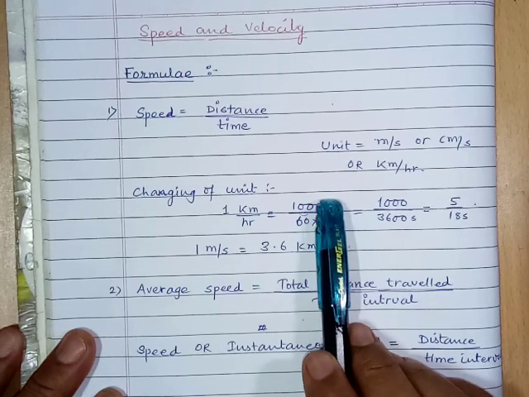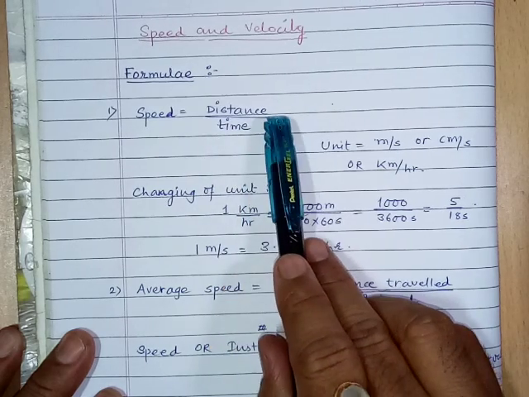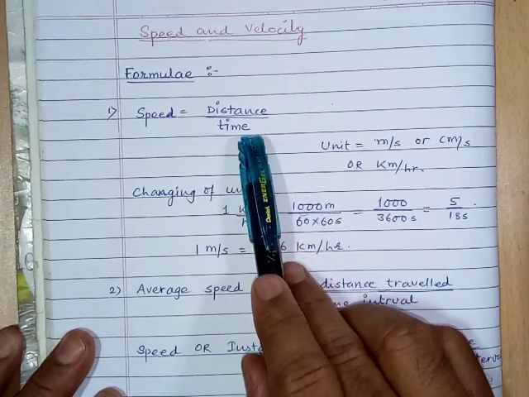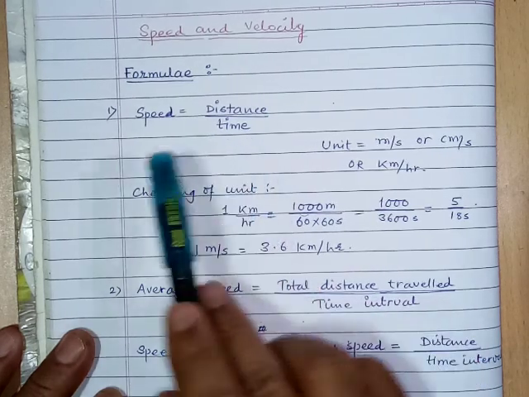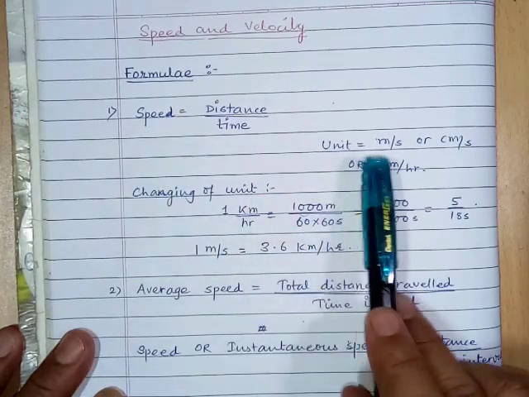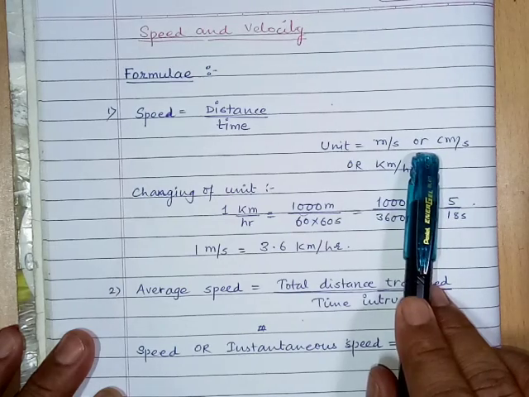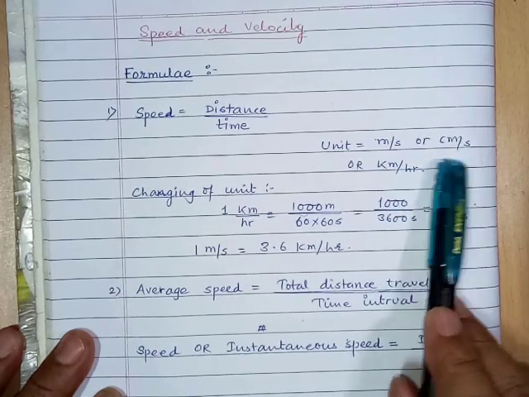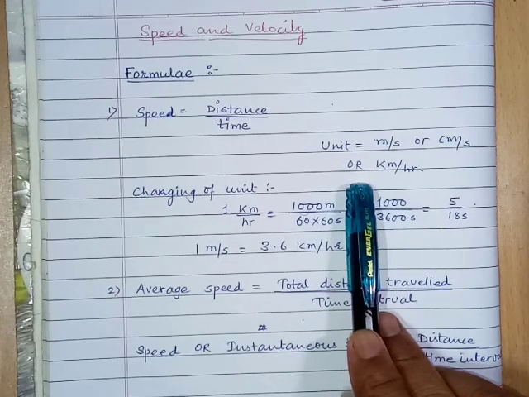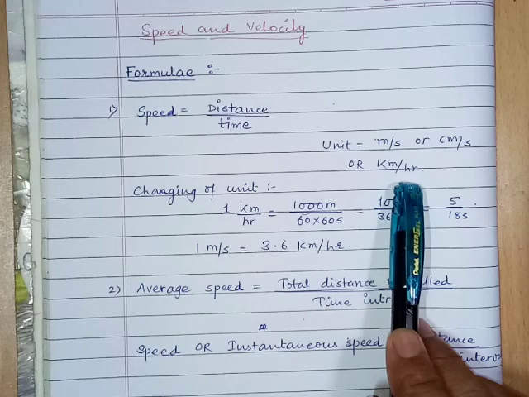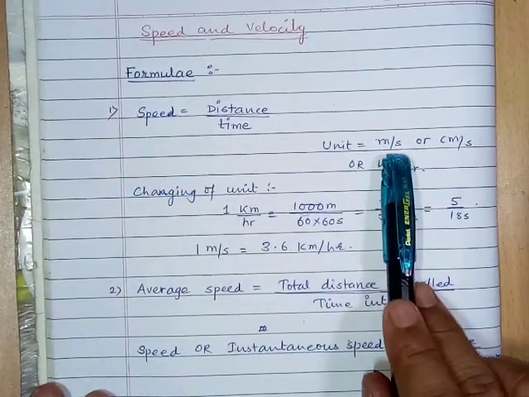If we are using distance, the unit is meter, and for time the unit is seconds. So the unit we will get for speed is either meter per second, or in the CGS unit system centimeter per second, or sometimes in some numericals we have to use kilometer per hour, but the normal unit used to express speed is meter per second.